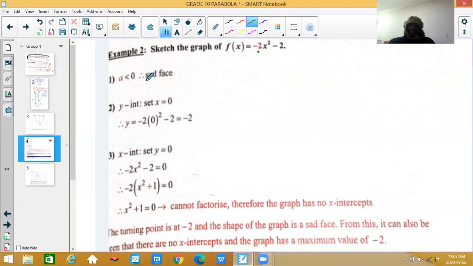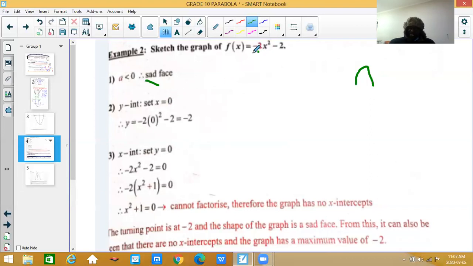So our graph is a sad graph. A sad graph means our graph is facing downwards. If it was positive, it was going to face upwards. Now let us find the y-intercept. On the y-intercept, we know that x is going to be 0.